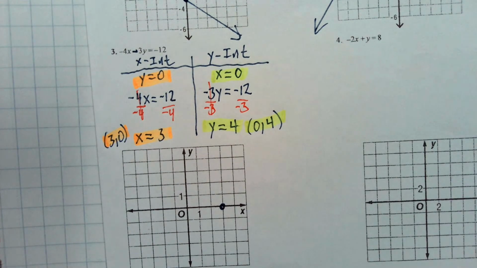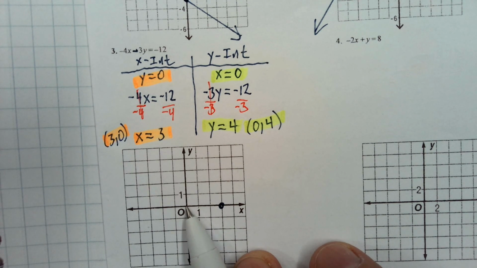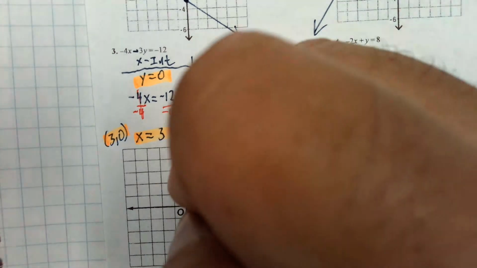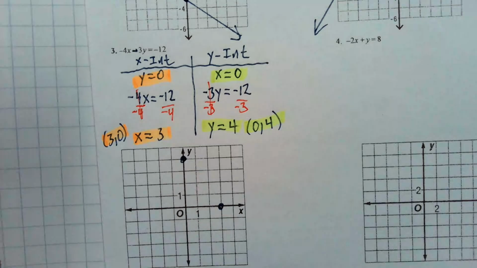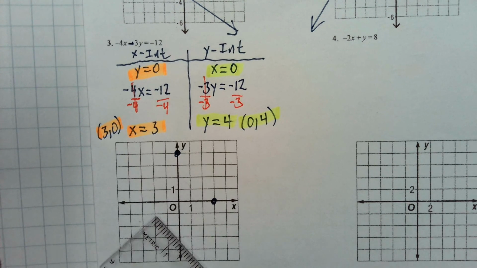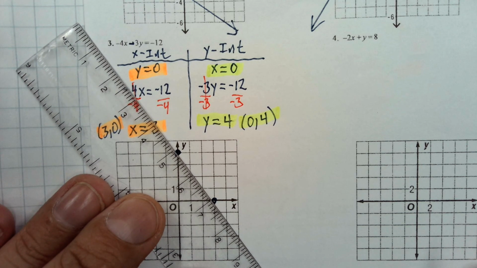Okay. And let's find out where that point is. So here's 0, 0, 0, 1, 0, 2, 0, 3, 0, 4, up here. It's going to go downhill like this.